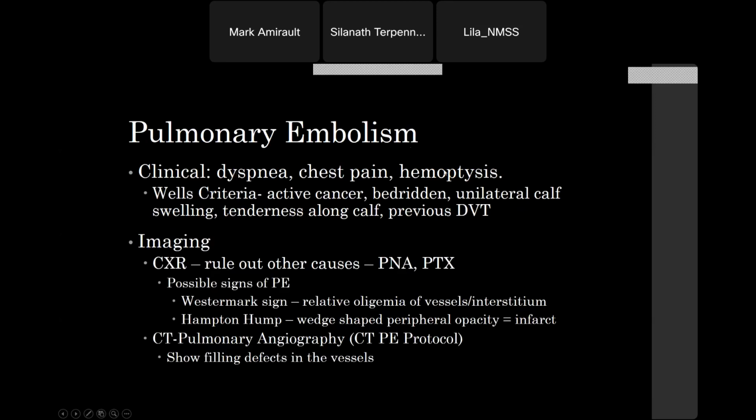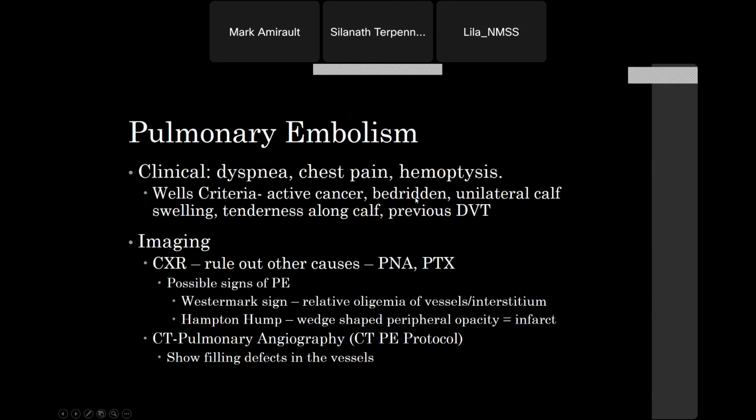Again, some of you may have heard of the clinical signs in the workup of these. Oftentimes tachycardia is the most common sign, but also shortness of breath, chest pain, even sometimes coughing up blood. The Wells criteria is a criteria we use to sort of triage patients by how likely they are to have a PE, including things like, do they have cancer?